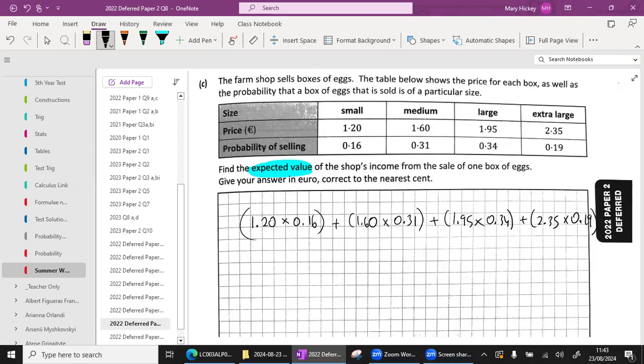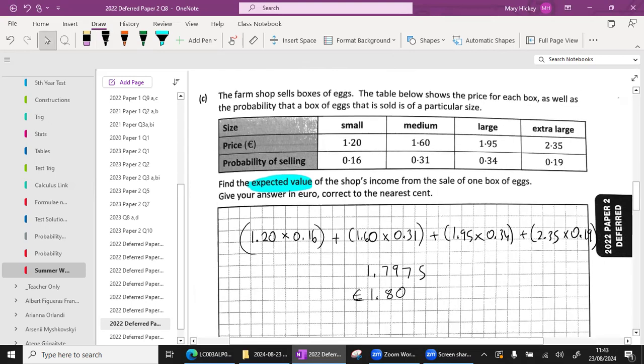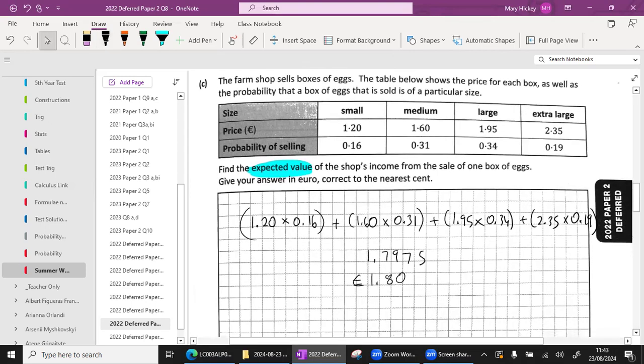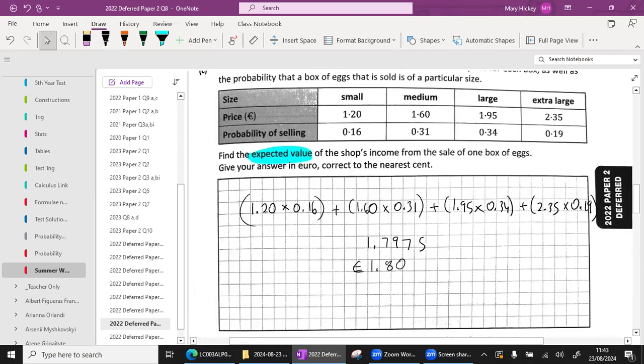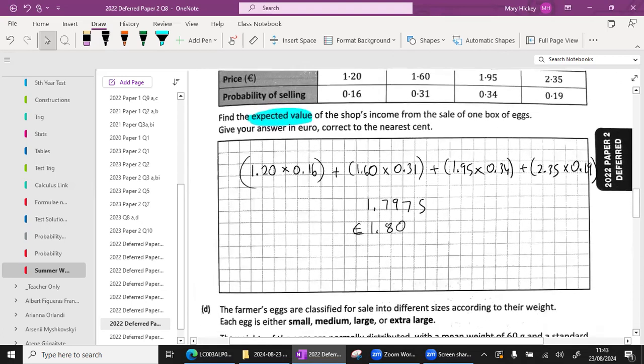Okay, so the answer I'm getting is 1.7975. Now, because we're dealing with money, it'd be €1.80. So the question was, give your answer in euro, correct to the nearest cent. It says it there actually. So that's our expected value.